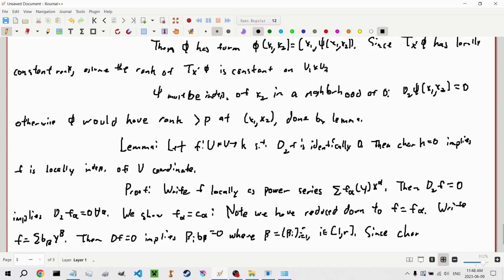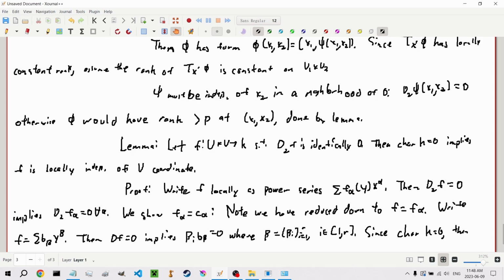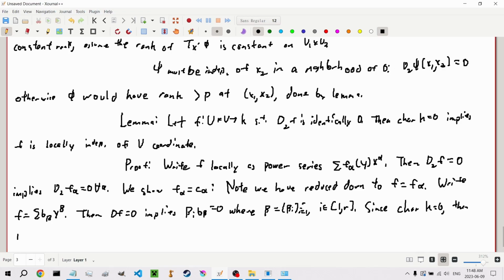Since the character of k is 0, then b sub beta is 0 for beta non-zero. So f is constant.